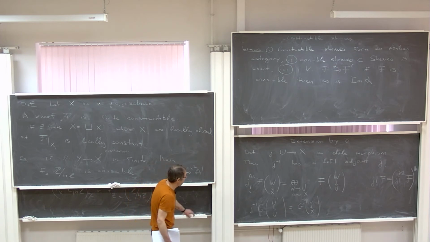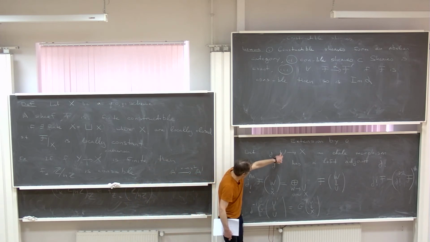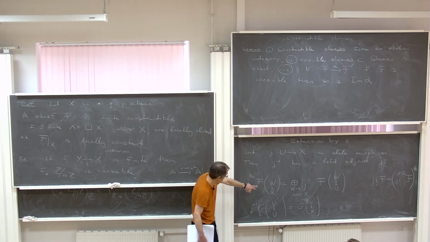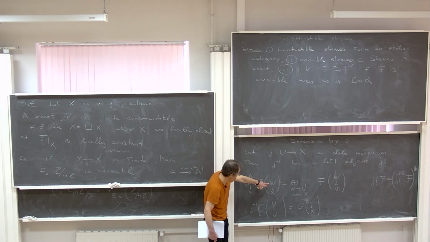So think of, again, an example when this is an open embedding. Then what do we do here?